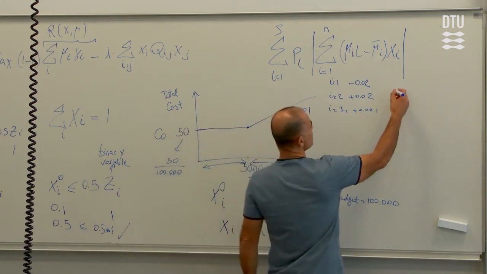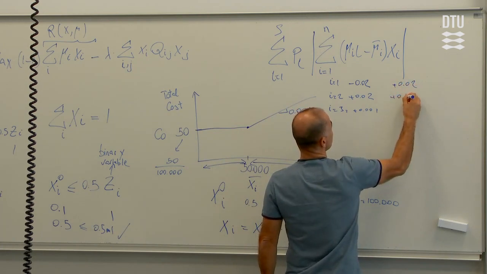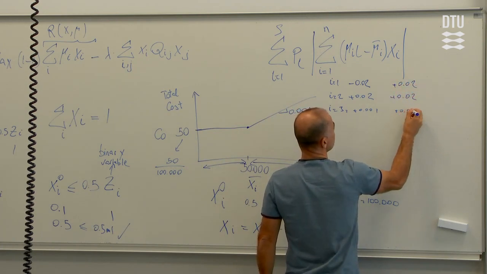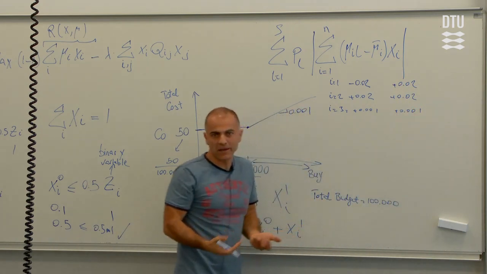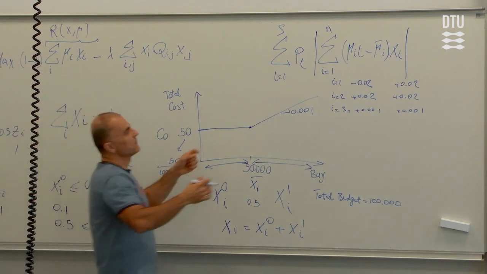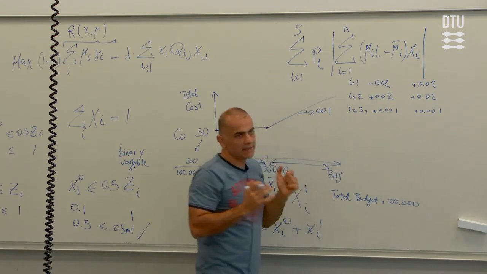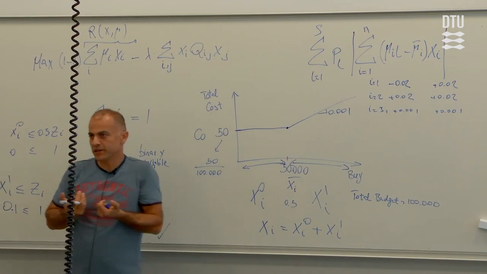If the alternative was that this was plus 0.02 and plus 0.02 here again, and plus 0.001, the contribution would be a bigger one, right? So the idea is essentially that by putting this sum within these absolute deviations, we want to make sure that we get the diversification effect into play.